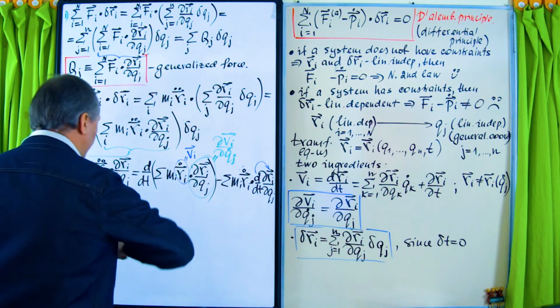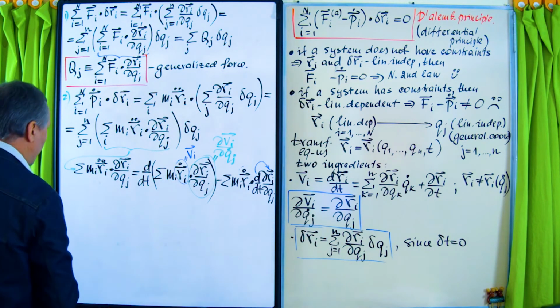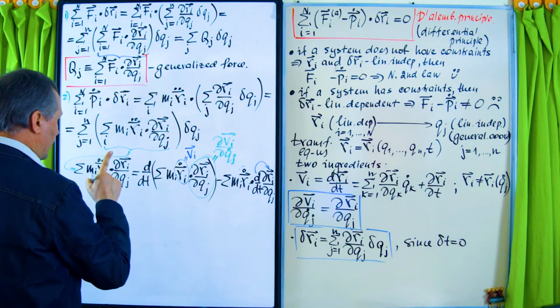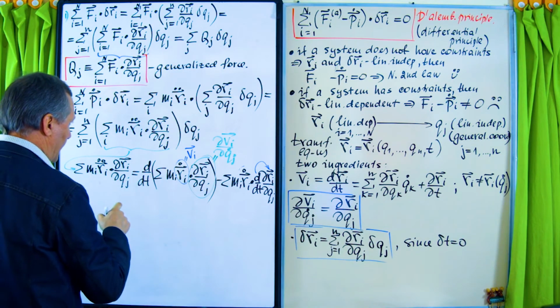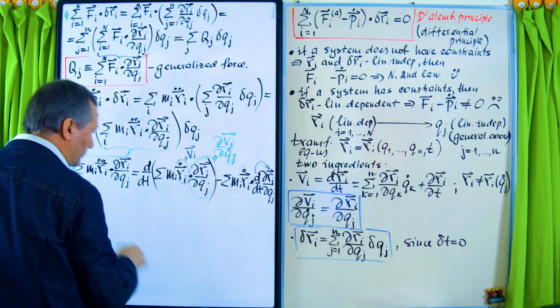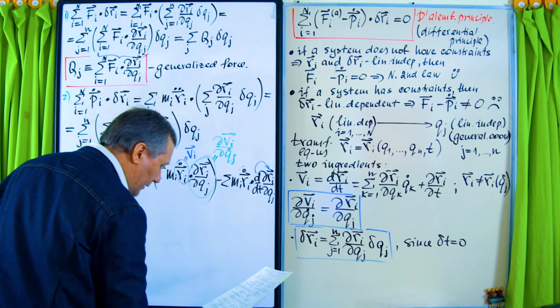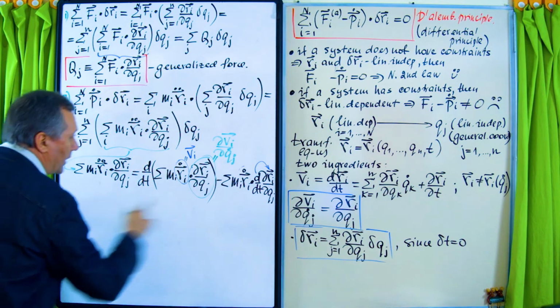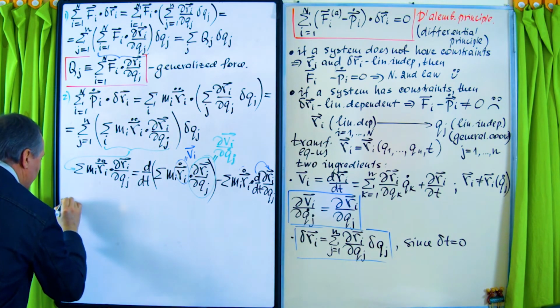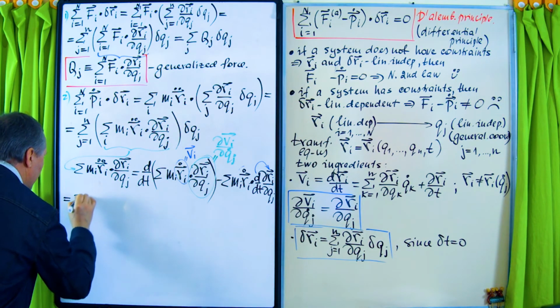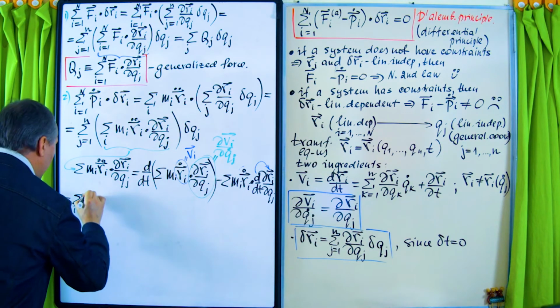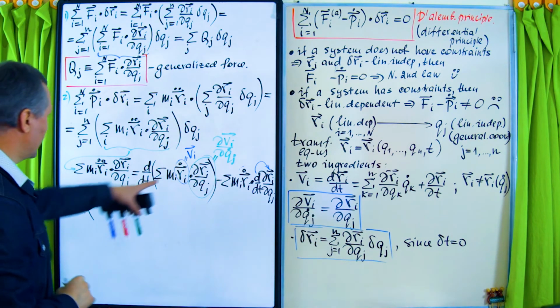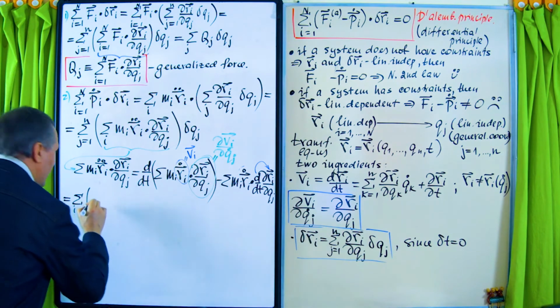So now I can rewrite this. Summation is there. Probably I will take that sum outside. Summation over I, it's not a big deal, because it's confusing me. So summation over I outside, and now let me rewrite using all those substitutions.